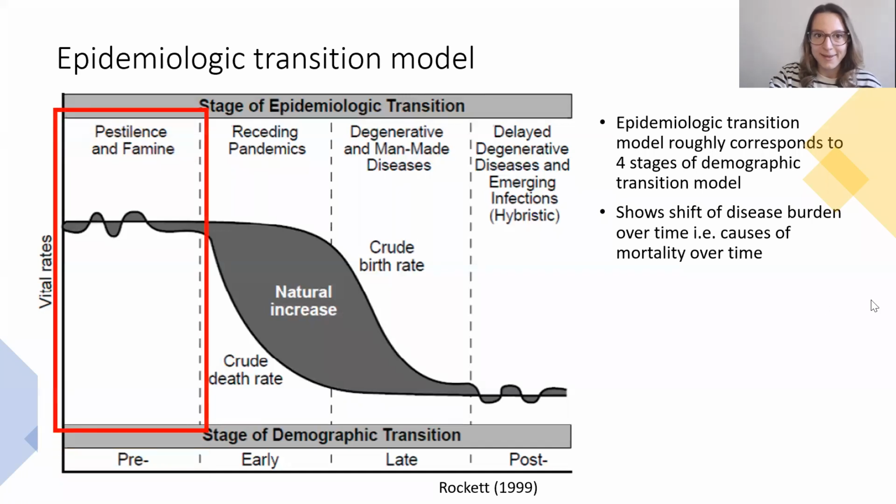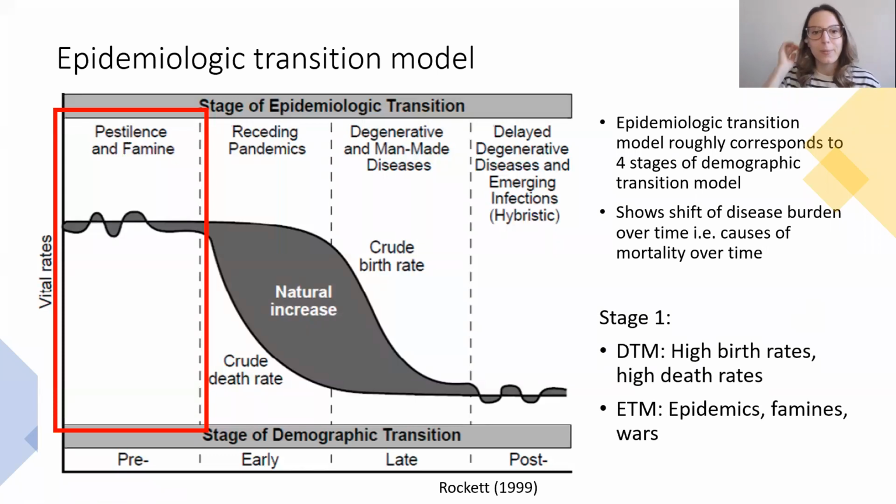So in stage 1, which we call pestilence and famine, remember that this stage from the demographic transition model was characterized by high birth rates, high death rates, and we talked about this in the context of epidemics and famines.